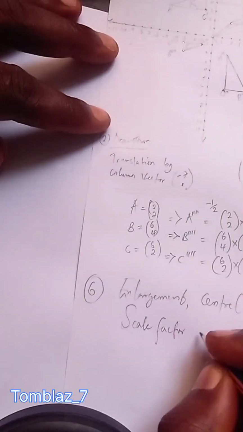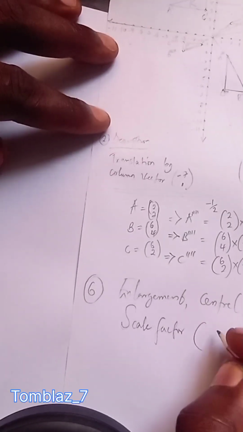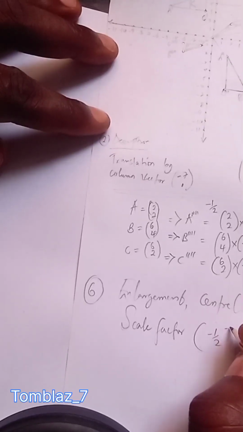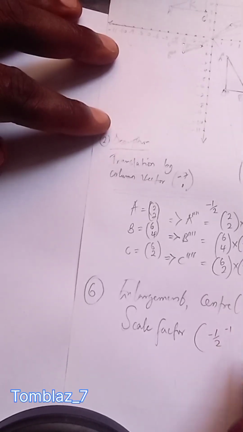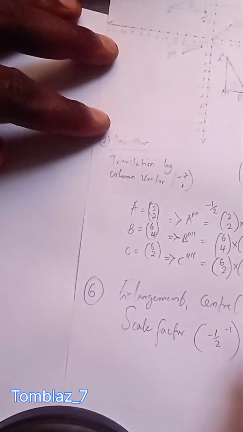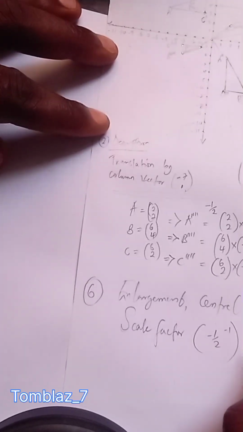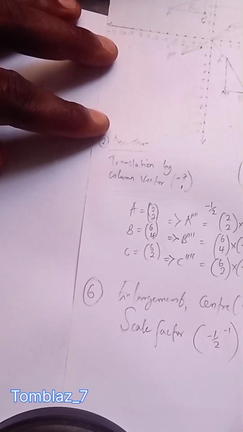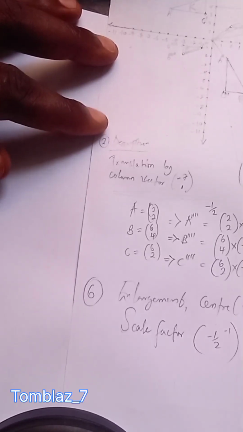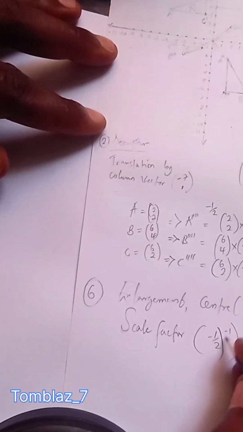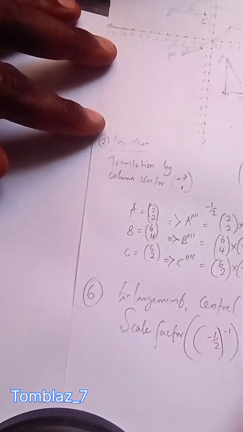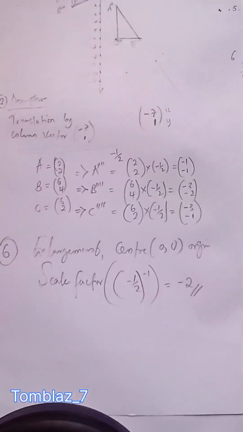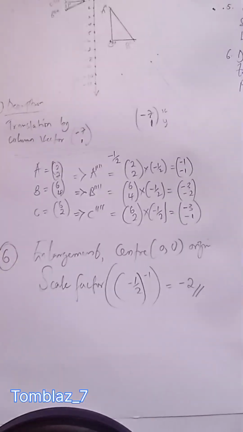So the scale factor now will be the inverse of the original, raised to the power of minus 1. So that is going to give you what? Minus 2. So the scale factor is minus 2. You take the inverse of this, it's going to give you minus 2. All right, so minus 2 as a final answer.